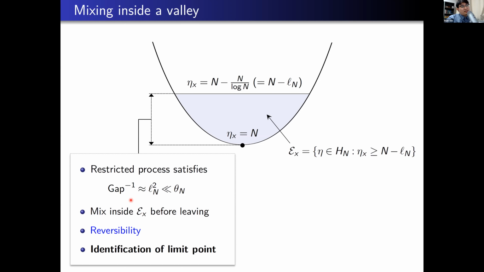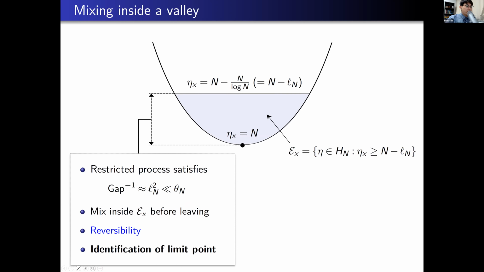Since the inverse of the spectral gap, which is also known as relaxation time, quantifies the mixing time of your Markov process, your restricted zero-range process in this set, this relation implies that your zero-range process mixes in this set before reaching another valley.